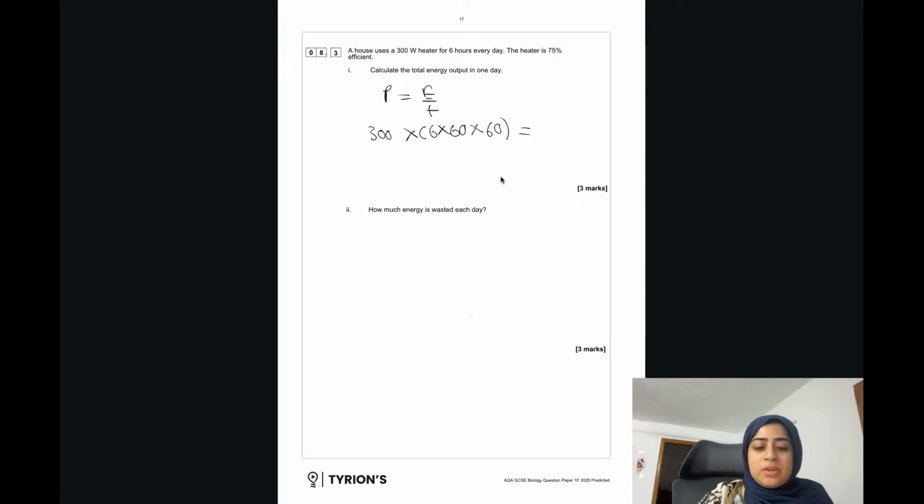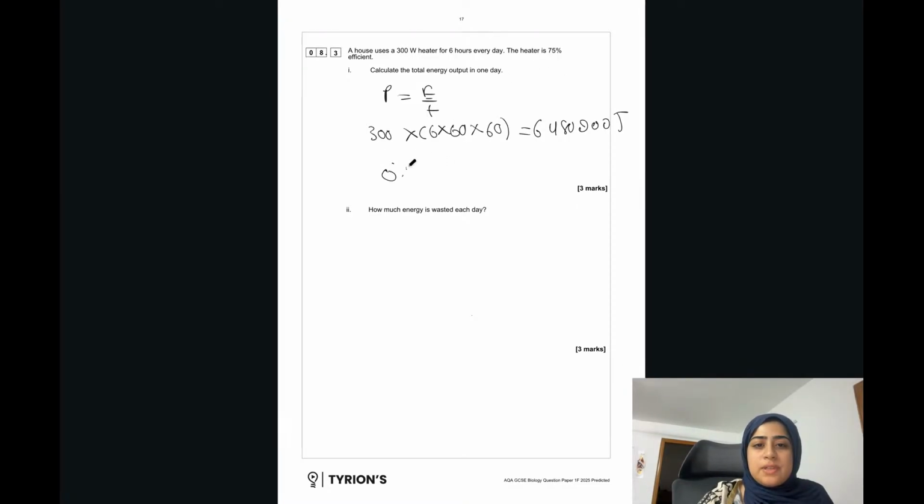Okay? So that's 6,480,000 joules. And then you know efficiency is the useful over total. So what's the useful? It's 75% efficient.